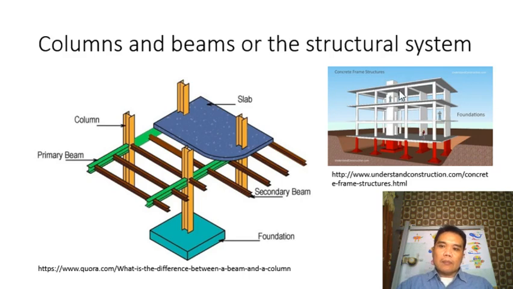For some high-rise buildings, for example, we will have this kind of core structural system, but this core structural system is a form of column and wall that work in a 3D way. So this kind of column and beam combination may configure the complete structural system.